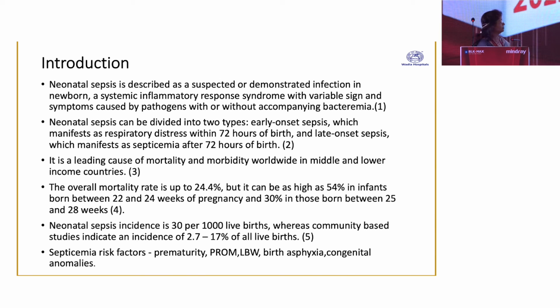It's a leading cause of mortality and morbidity worldwide in middle and lower income countries. The overall mortality rate is up to 24.4%, but it can be as high as 30% and 54% in premature and very premature infants.